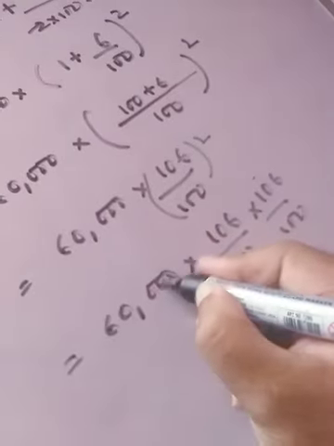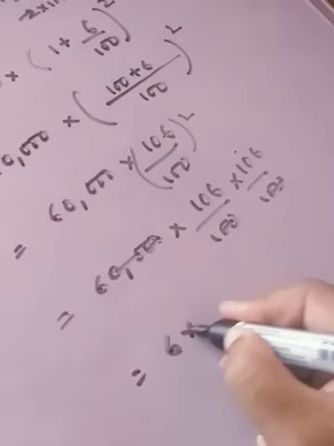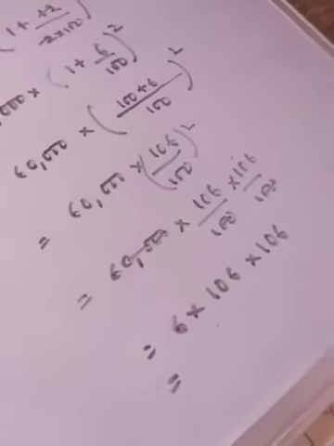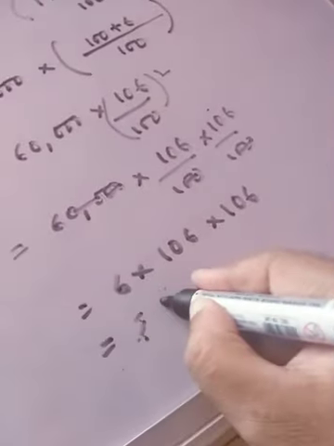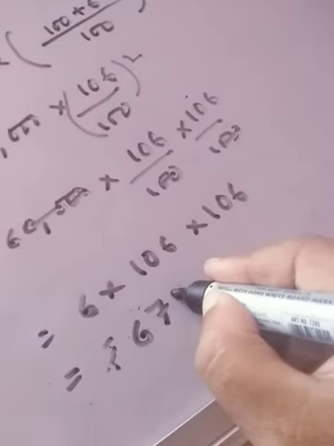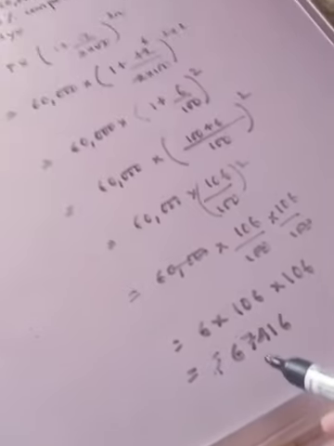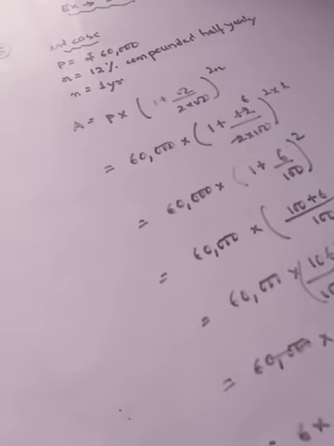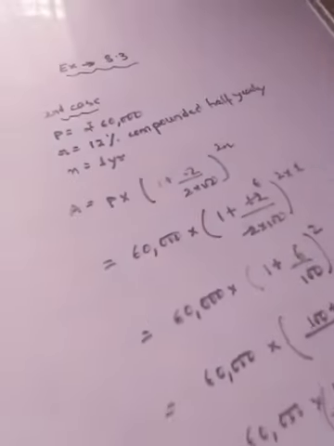Now just reduce the zeros. It will look like 6 into 106 into 106. So the answer is 67416. This is the amount that Vasudevan has to pay after 1 year at 12% compound interest half yearly.